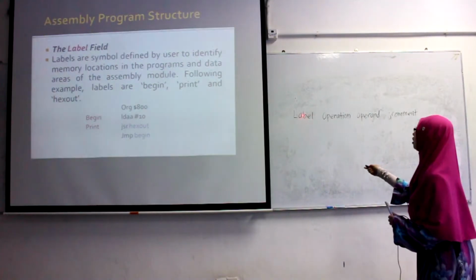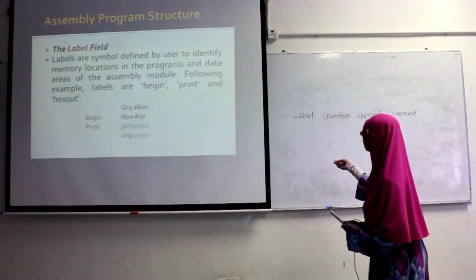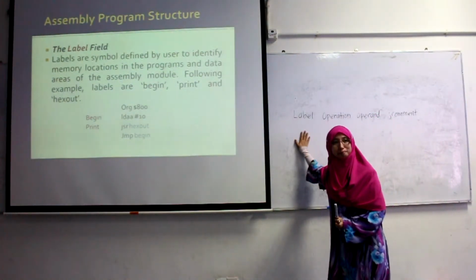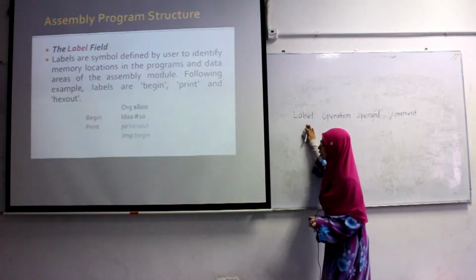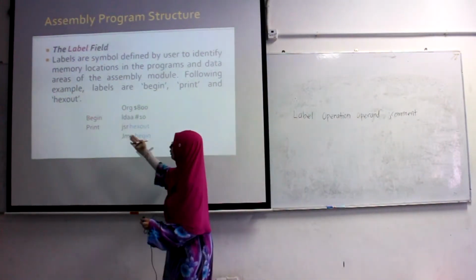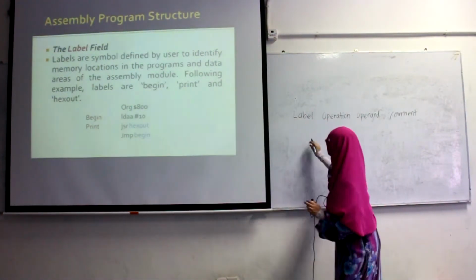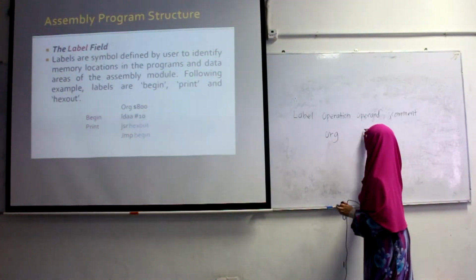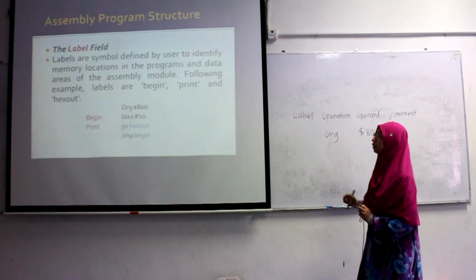Label and comment are optional, but the structure is compulsory. Even if the label is optional, you have to put the space. For example, we have ORG 800, and you don't want to put the label begin.